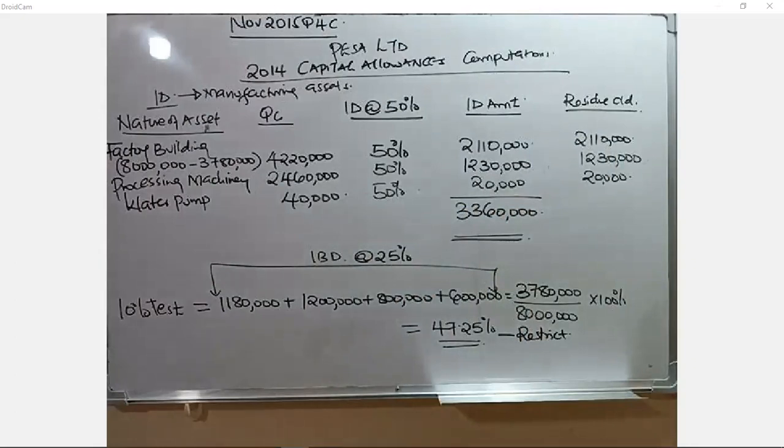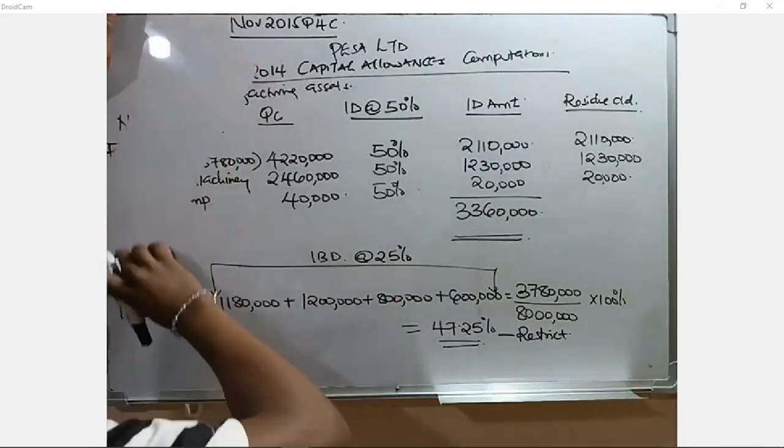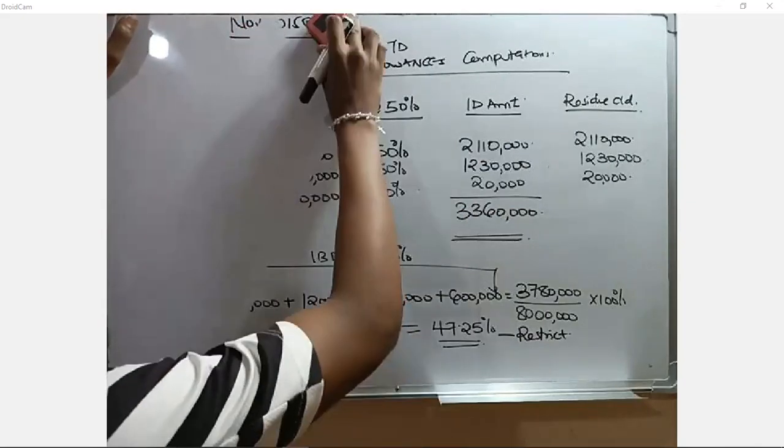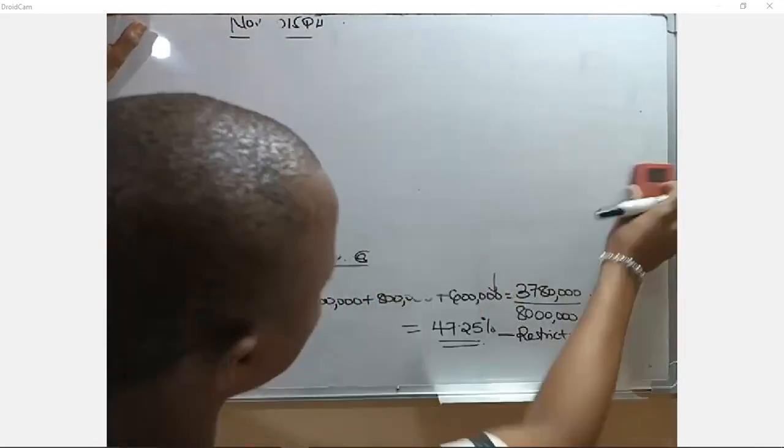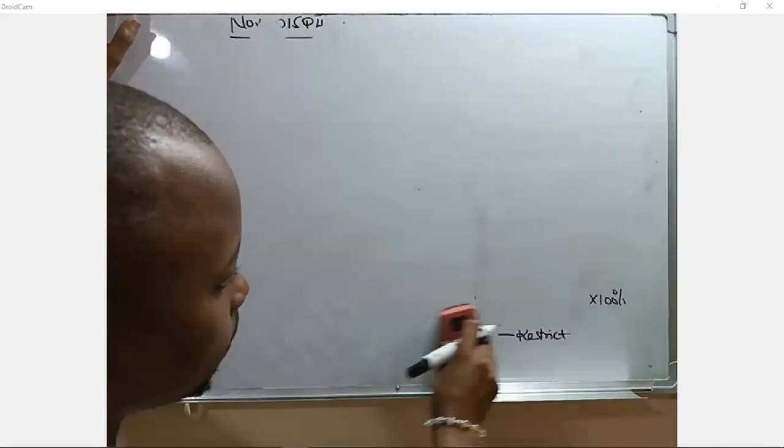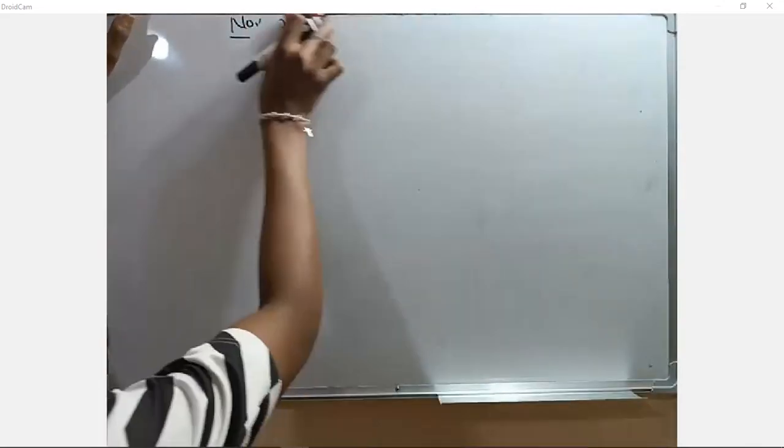I just want us now to do IBD, industrial building deductions. When I look at the industrial building deductions, this is how you are going to be writing your format.